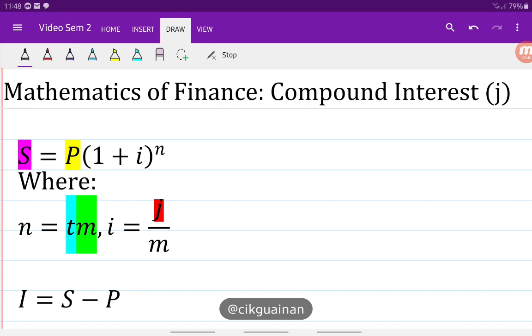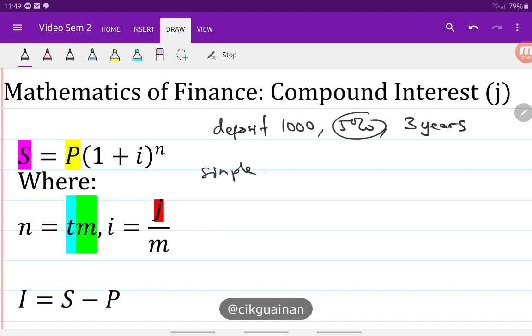Let's say we deposit 1,000 ringgit at 5% per year, and then we keep it for 3 years. If this 5% is simple interest, what happened to the 1,000?